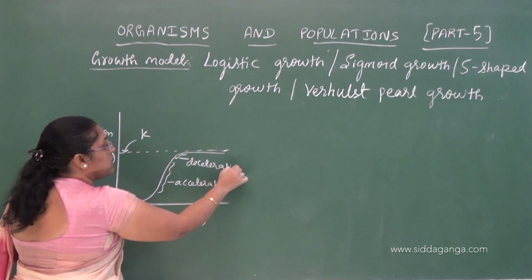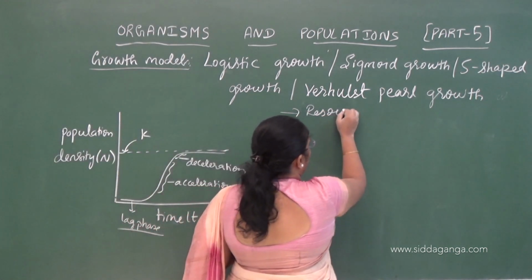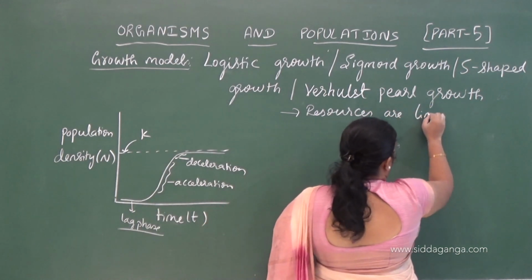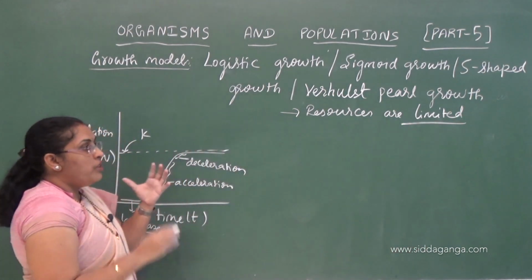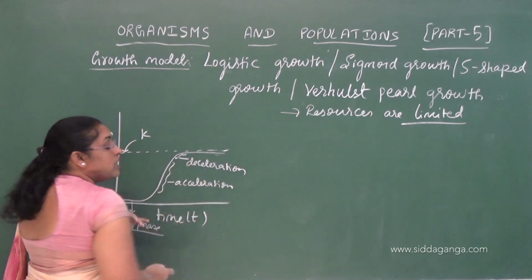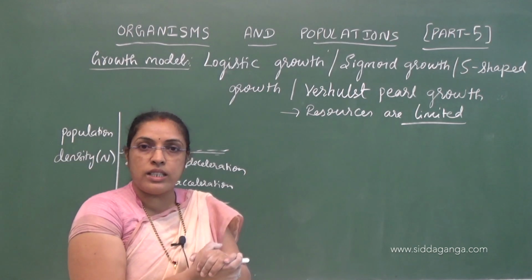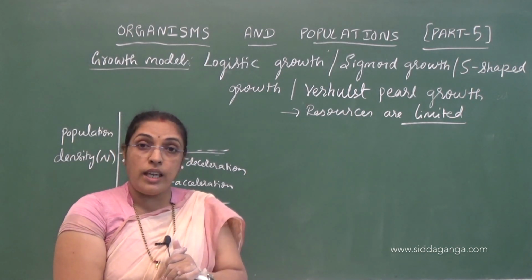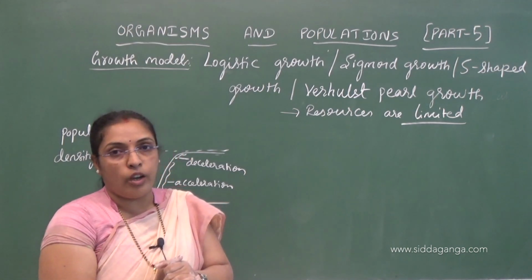Why do we see a decrease in the population? Because here resources are limited. Because the resources are limited, they start decreasing in their size. Once the population increases, we see competition among them, either intraspecific competition or interspecific competition.